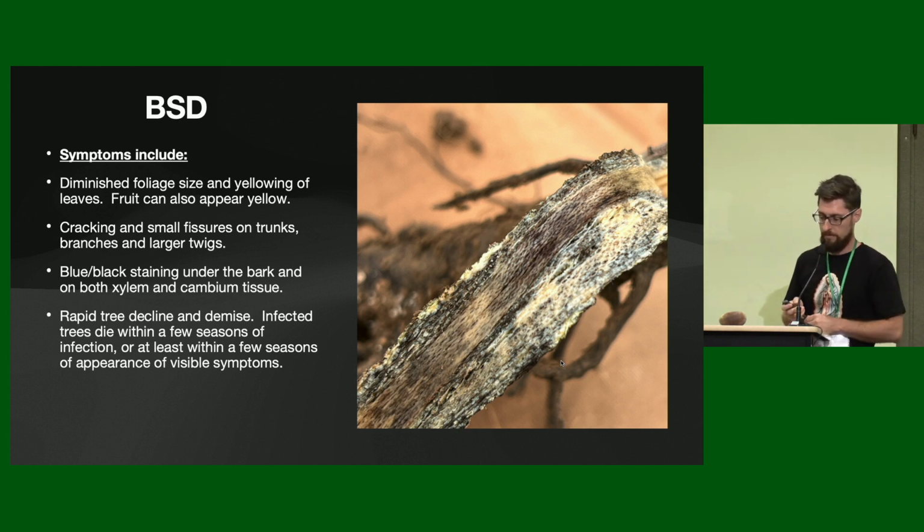The symptoms include diminished foliage size, yellowing of leaves, fruit can also appear yellow, cracking and small fissures on trunks, branches, and larger twigs. We'll see some photos of that in a bit. Also blue-black staining under the bark on both the xylem and cambium tissues, and rapid tree decline and demise. Infected trees die within a few seasons of infection, or at least within a few seasons of appearance of visible symptoms.